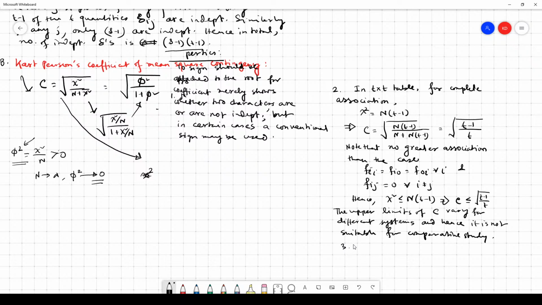Next, property number 3. Now, C equal to 0 if and only if A and B are independent of each other.